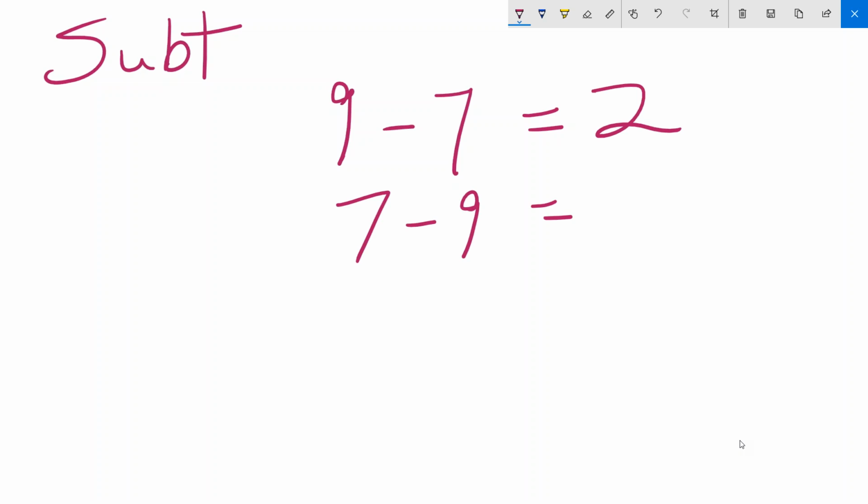That's still 2. It's -2. -2, yeah. The difference in the second one is you are subtracting a bigger number than you're starting with. In other words, you're starting with 7, you're subtracting a bigger number, 9, so the answer always has to be negative. And it's, go ahead and subtract the numbers, but you know that answer is 2.